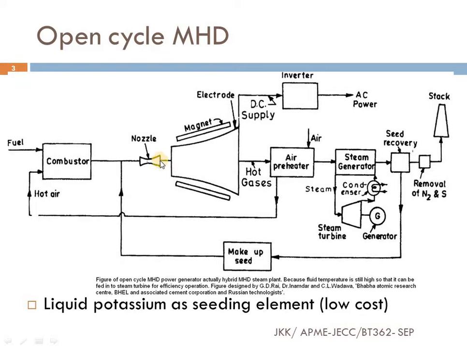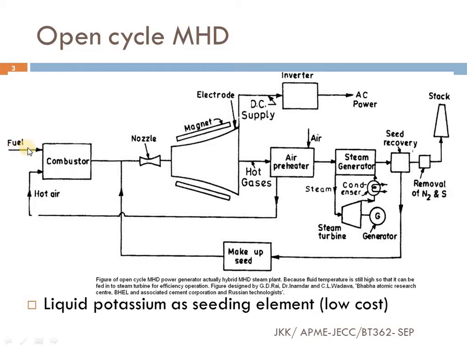Its inlet is on the left side, as you can see from the figure, and to that inlet we are providing the burned, high temperature gases. I will explain from the starting itself. This is a combustor chamber, where we are supplying fuel along with air. It's actually hot air; I will explain how the air is being heated up.